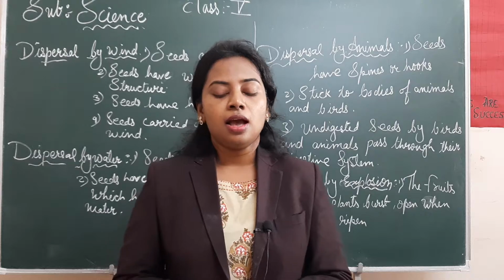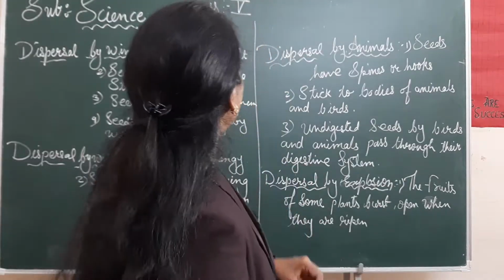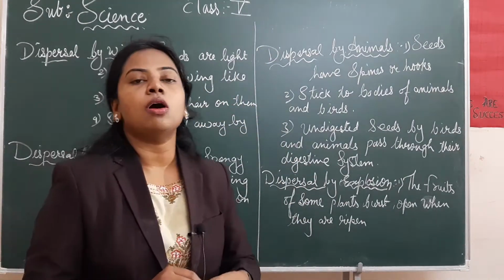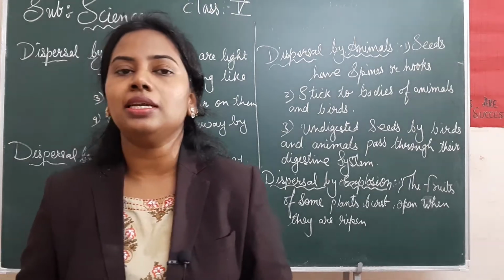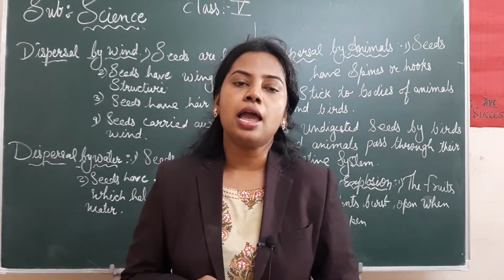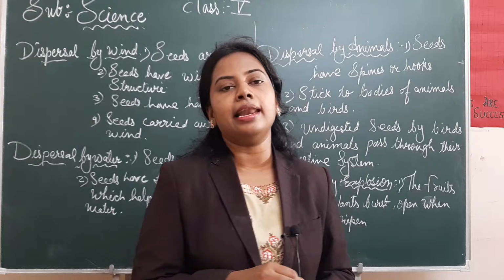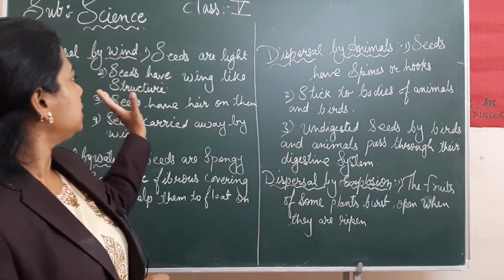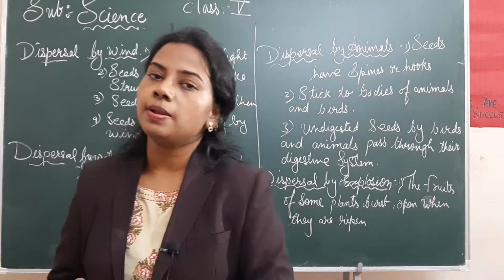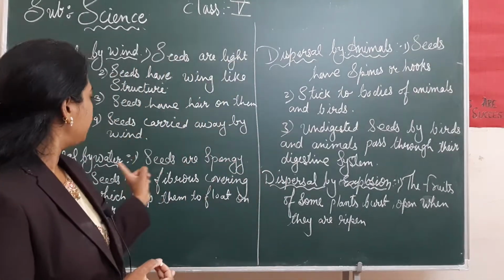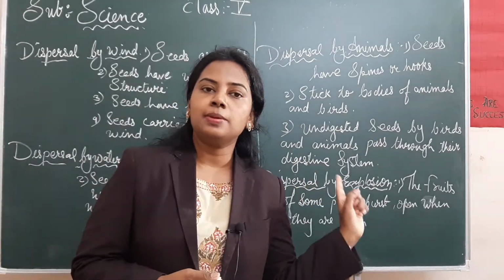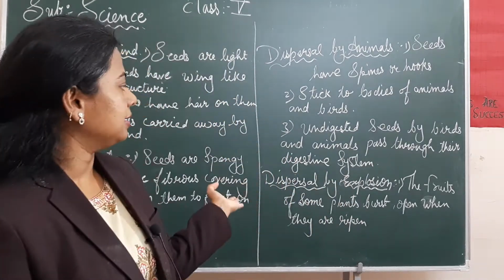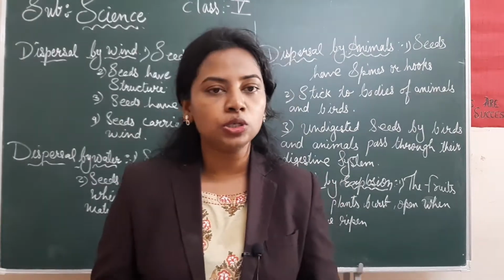So today I am going to explain about the dispersal of a seed, how the seed gets dispersed. I have written that day that there are 4 modes of dispersal of a seed. First is dispersal by wind, dispersal by water, dispersal by animal, and last one dispersal by explosion.